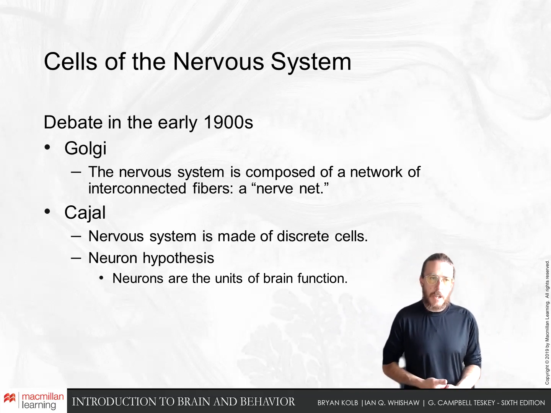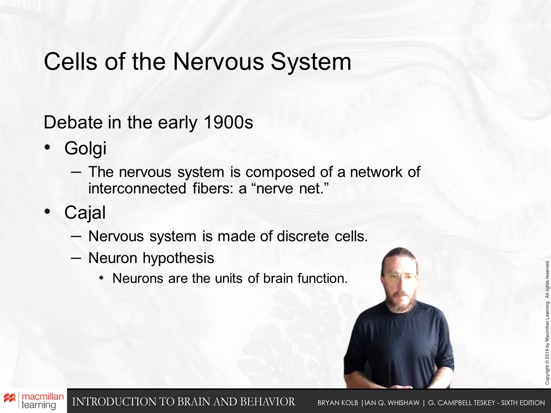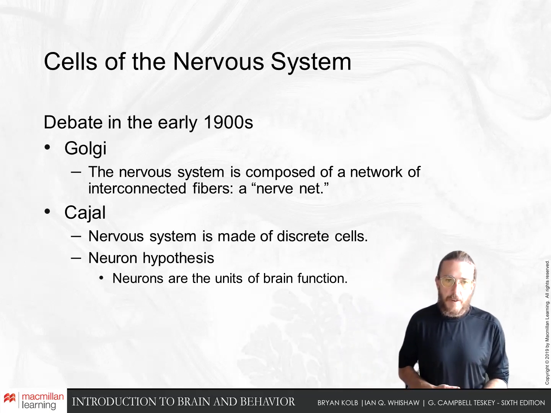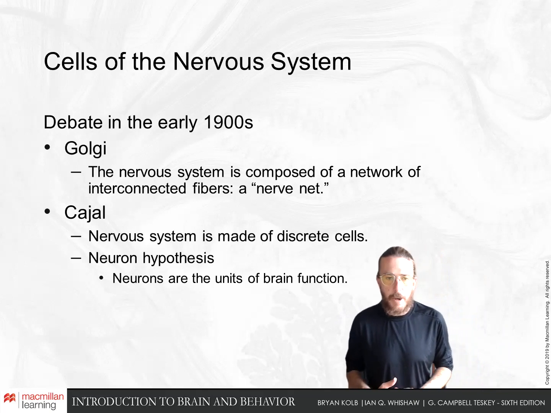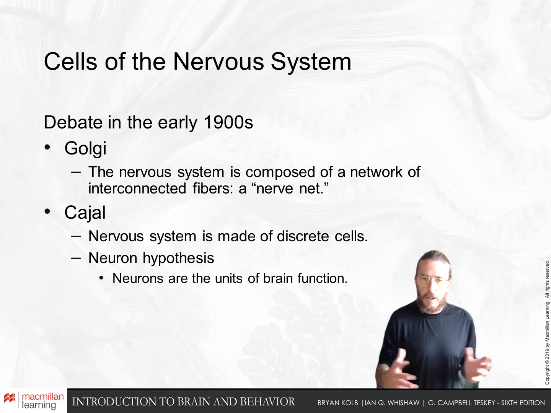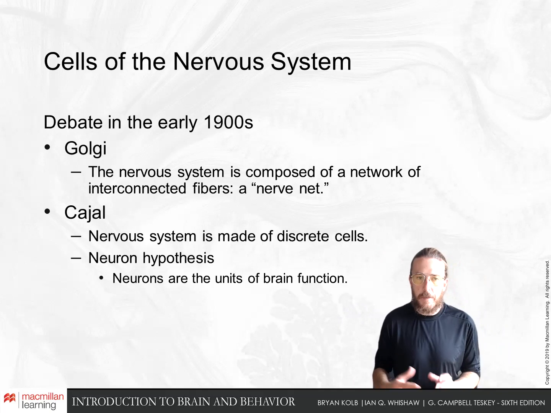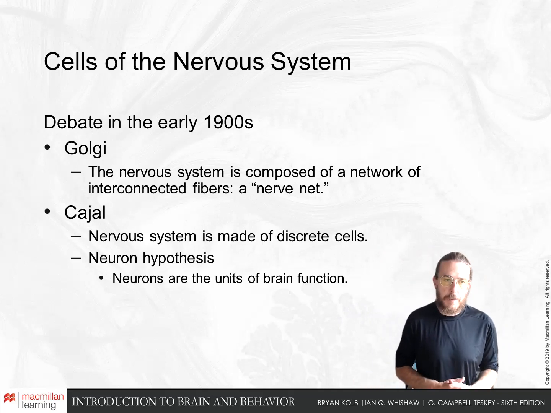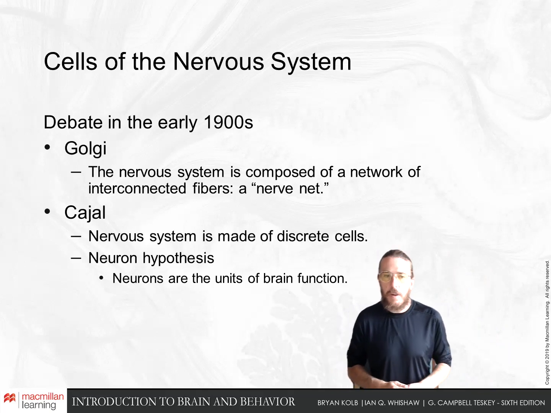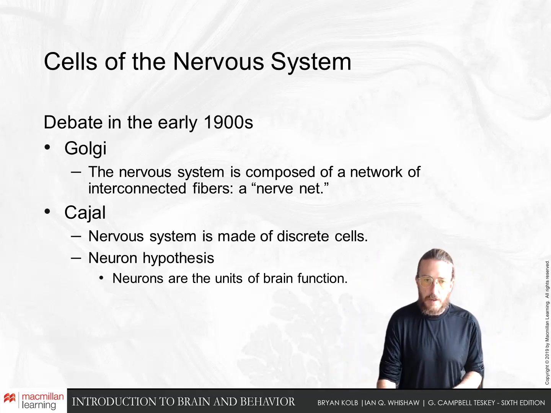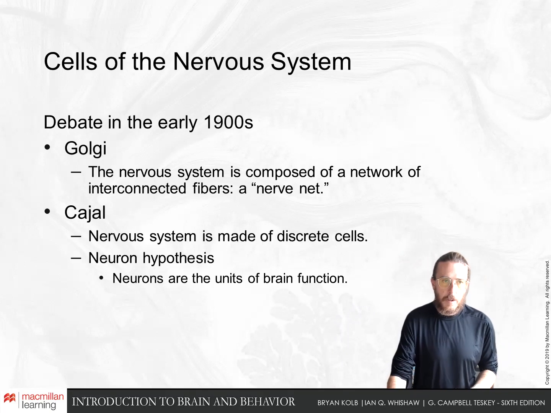He believed that all these neurons were connected together, and this is how they communicated information. Cajal, using the same techniques that Golgi developed, identified what looked like discrete cells in the nervous system, just like in the rest of our body, such that each neuron was contained in and of itself and was discrete from the neurons next to it. And this led to the idea of neurons being the functional unit of the brain, which has turned out to be true.